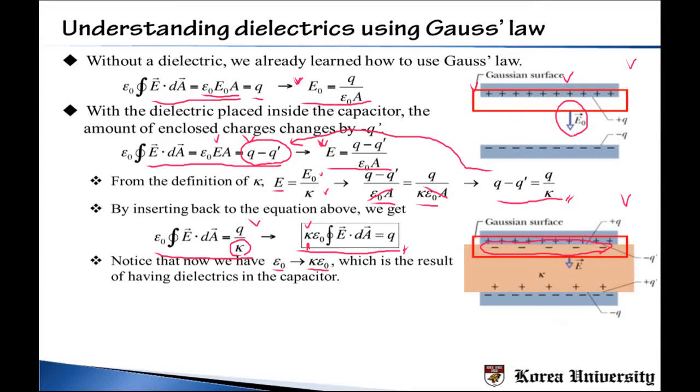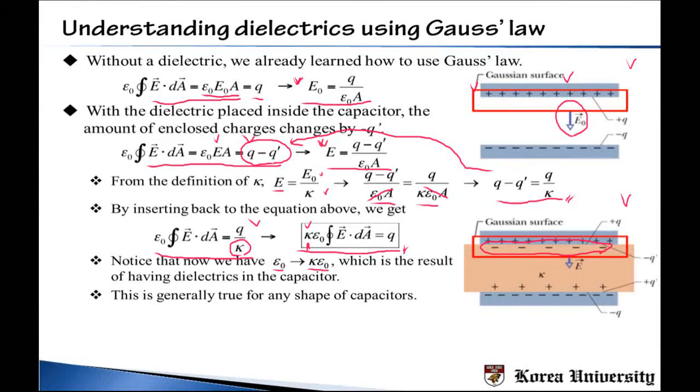We said that kappa is larger than 1, so epsilon naught effectively becomes larger by being multiplied by kappa. If you remember the definition of the capacitance, which was proportional to epsilon naught, that is how the capacitance increases. This is generally true for any shape of capacitor. We discussed this only for the parallel plate capacitor, but the same is true for all kinds of capacitors.